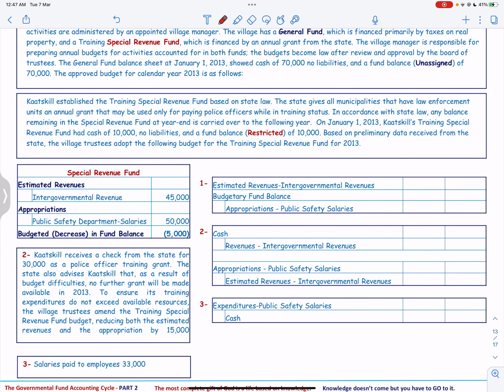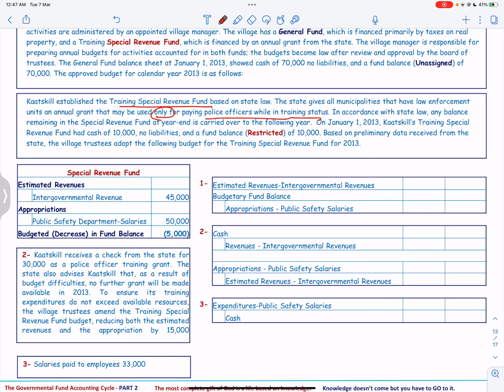Cardsgill established the Training Special Revenue Fund based on state law. The state gives all municipalities that have law enforcement units an annual grant that may be used only for paying police officers while in training status. In accordance with the state law, any balance remaining in the special revenue fund at year end is carried over the following year.